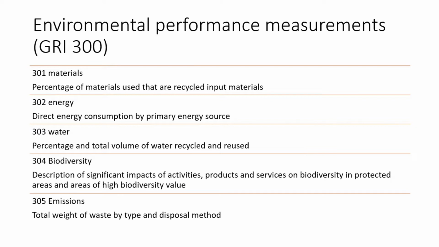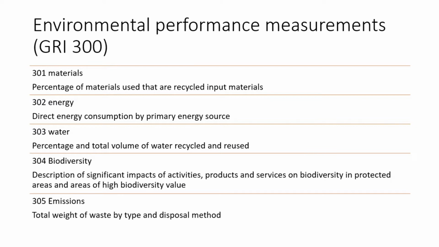Fifth, the next one is emissions, the total weight of waste by type and disposal methods. Now, all these items may not be relevant to a given enterprise, so they will pick and choose items relevant to them.